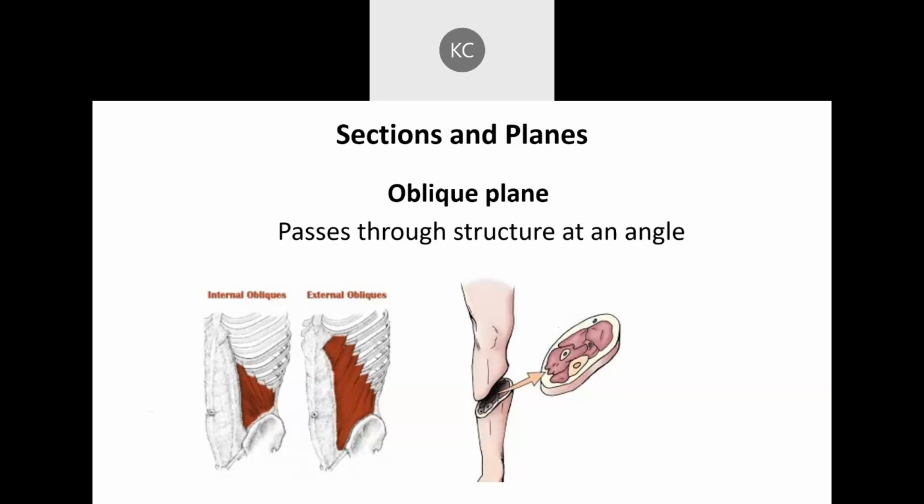Am I looking at the body in a sagittal section here? Is this a frontal or coronal section? Is this a transverse or horizontal section, like a cross section? How am I looking at the body? And then you can begin to look at the structures and begin to identify things. But you can't do that if you're not sure what section it is you're actually looking at. Okay, am I looking at the front, the back, the left, the right? What am I looking at?